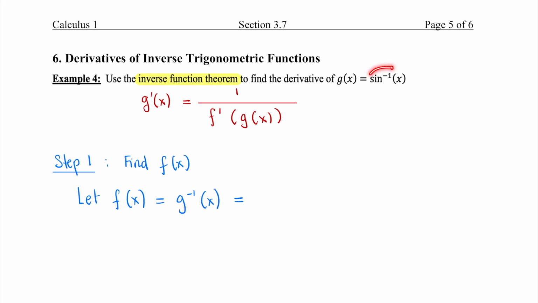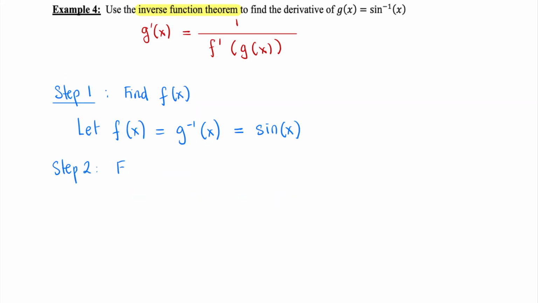Since g of x is sine inverse of x, the inverse of sine inverse is sine. So my f of x equals sine of x. Now I need to find f prime. F of x equals sine of x, so f prime of x equals cosine of x.